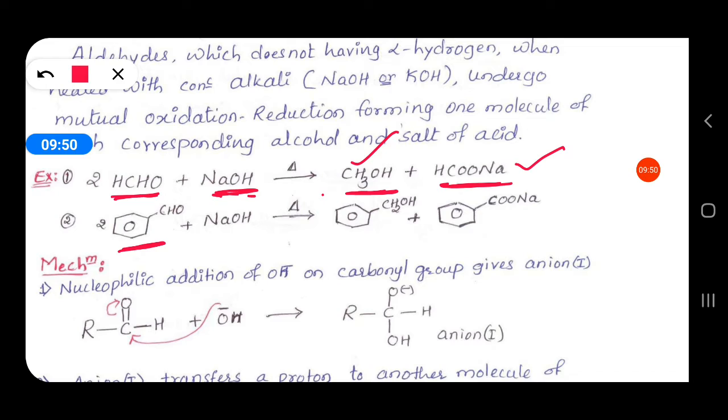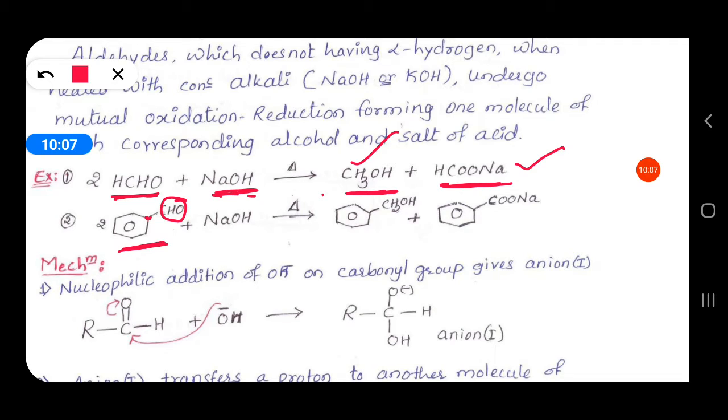Another example is if aromatic aldehydes are taken, benzaldehyde. The carbon of the functional group, adjacent to that carbon is the alpha carbon, and there are no hydrogens present on the alpha carbon.